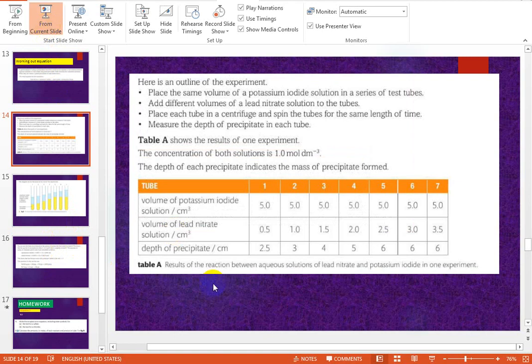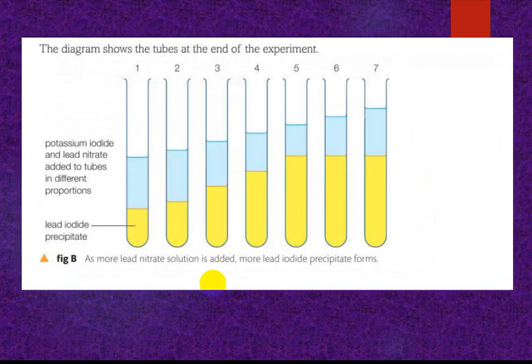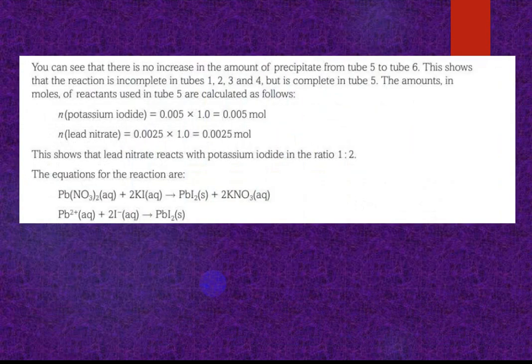Have you understood these things? How was the lead nitrate found? Potassium iodide you will do by yourself. This shows that lead nitrate reacts with potassium iodide 1:2. Potassium iodide is double. Have you seen this from the reaction? Here 2 I appears in the equation.